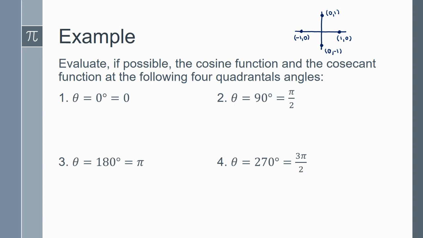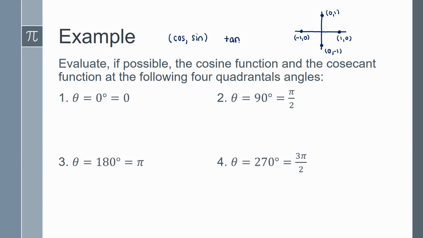When we're talking about these ordered pairs, we always want to think about cosine being the first number in those ordered pairs and sine being the second number. Any number that's first is representing cosine, any number that's second is representing sine, and then obviously we can do the reciprocal of those numbers to get the secant and the cosecant.